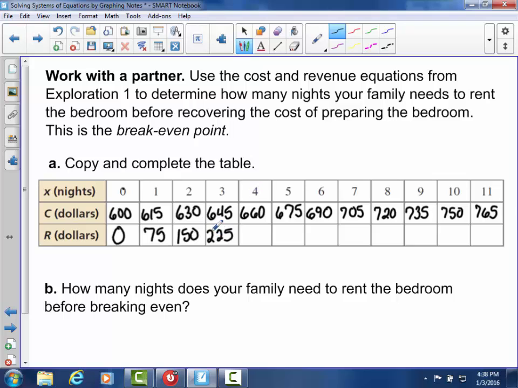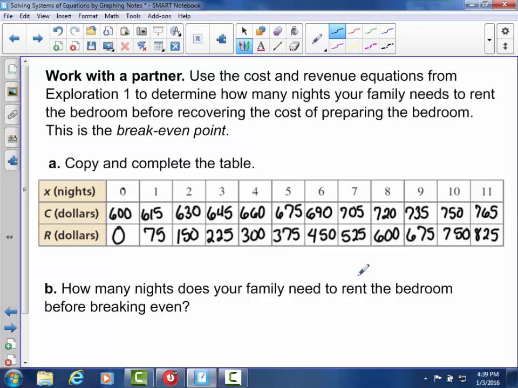And basically, again, we're increasing by 75, so that would be 300, 375, 450, 525, 600, 675, and 750, finally 825.